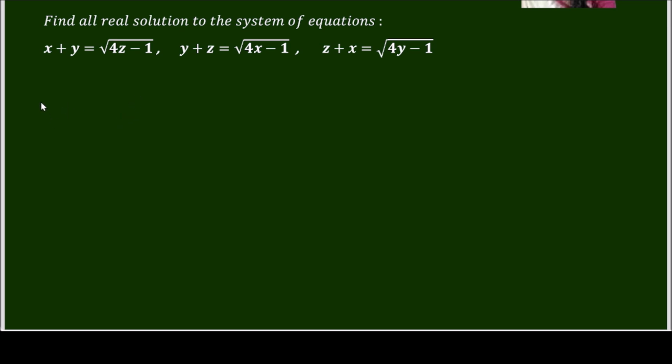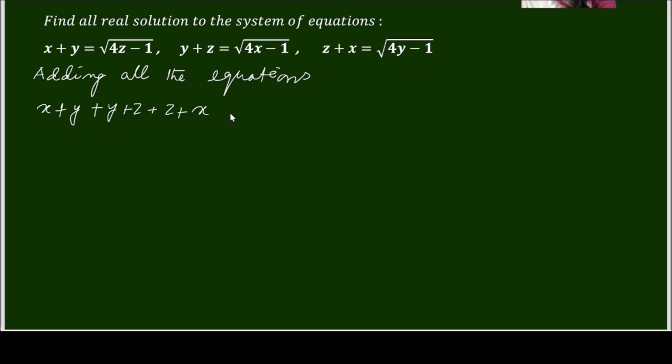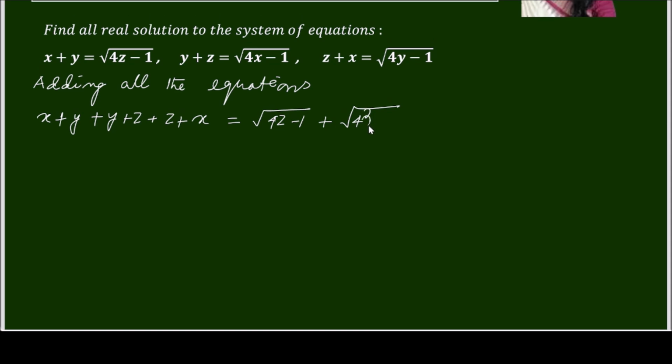So here, let's add all the equations. Adding all the equations, we will get x plus y plus y plus z plus z plus x equals square root of 4z minus 1, plus square root of 4x minus 1, plus square root of 4y minus 1.